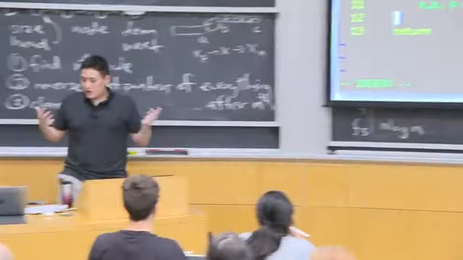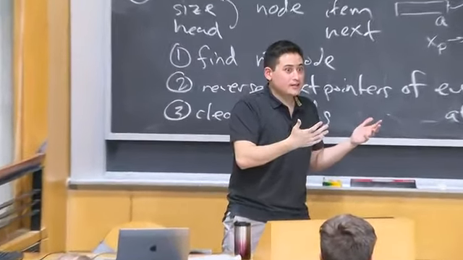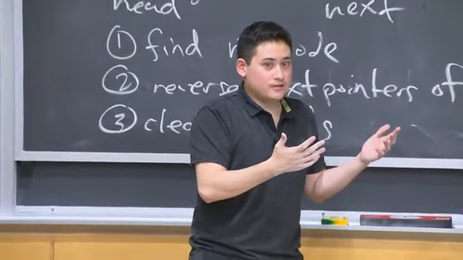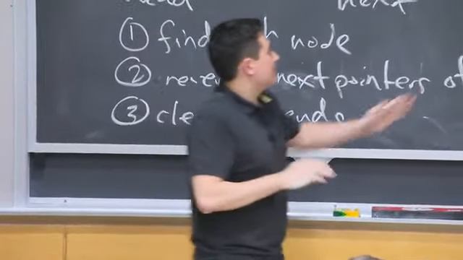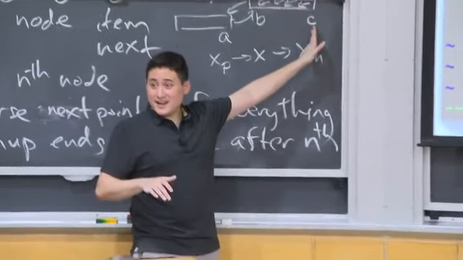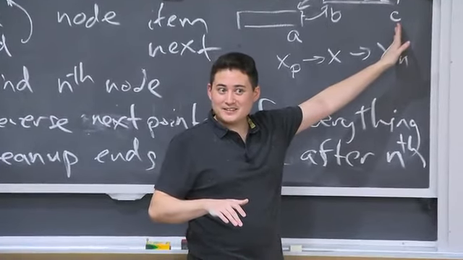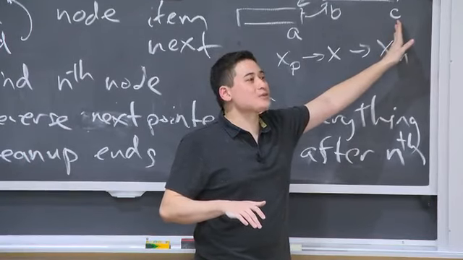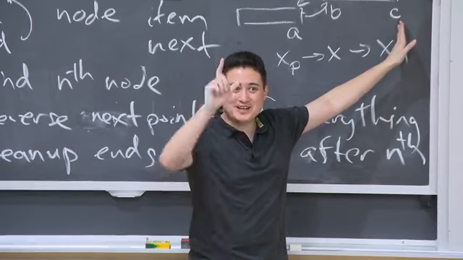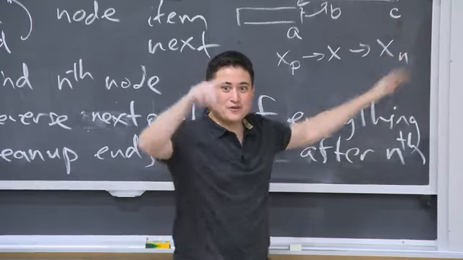I started with B at x. So what is x? We have a vote that x is C. I will tell you that C is either xp, x, or xn. So we have one vote for x.